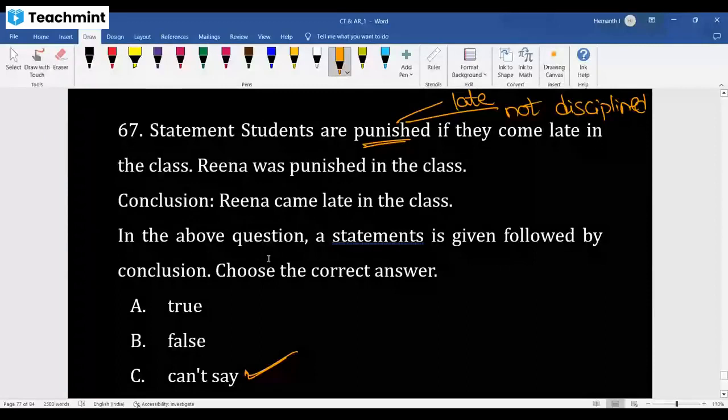Perfect. And here, yeah, they didn't mention the word only. Only word is not given. So we are on the safe side. If they said only word is mentioned, then we can definitely go with yes. Okay, it's wrong. And here clearly we have a doubt case. So it's definitely can't say.